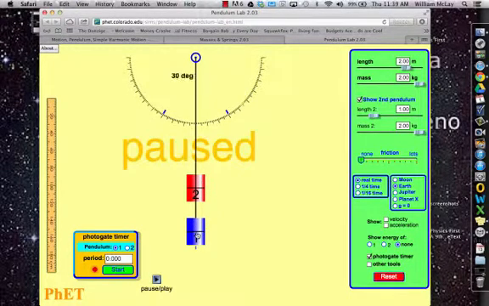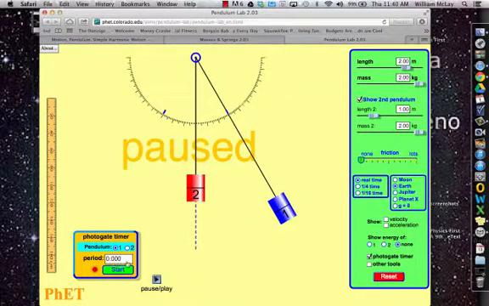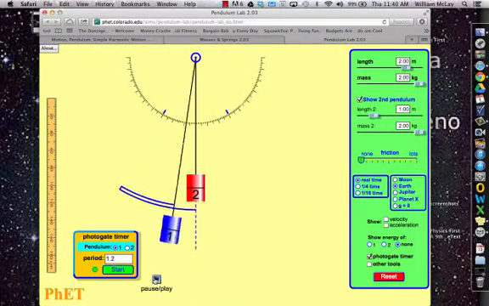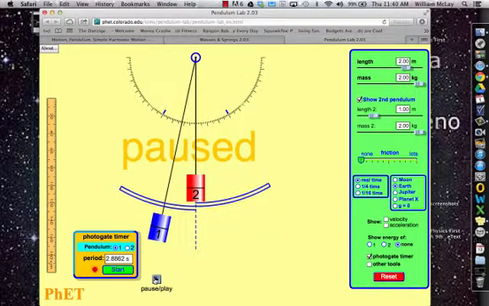What I'm going to do is pull one back about 30 degrees. And here I've got a timer that's going to time its period. So we're going to let it go. And here it measured a period of 2.86 seconds for that pendulum.